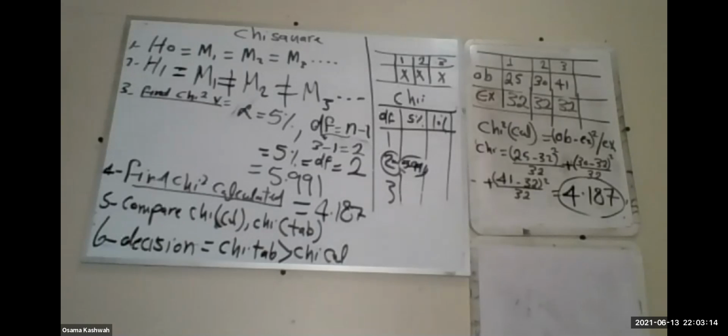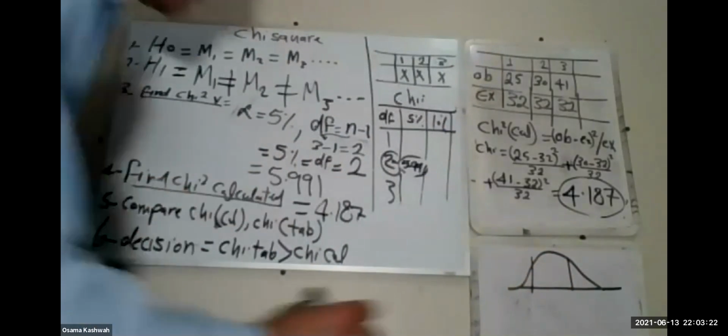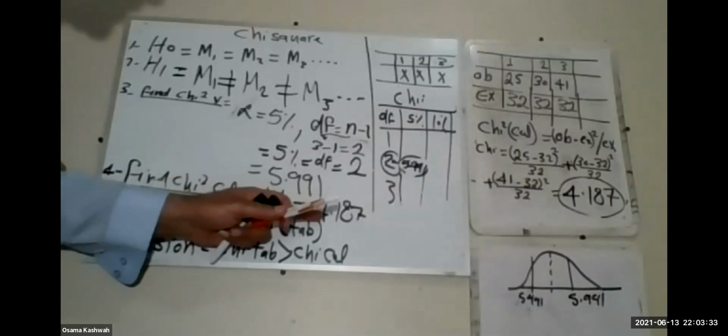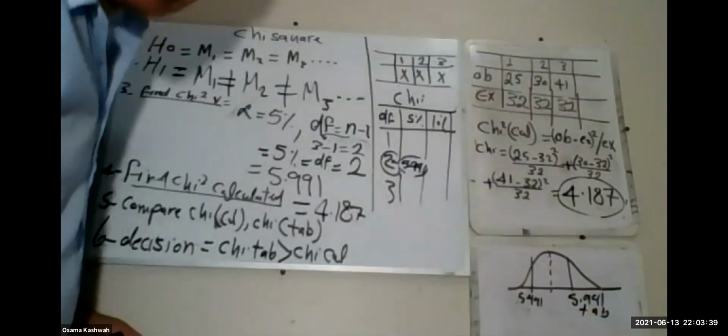So for the chi tabulated, this is the acceptance area. The acceptance area is up to 5.991, and here in the middle. The calculated, this is the tabulated, T-A-B, tabulated.